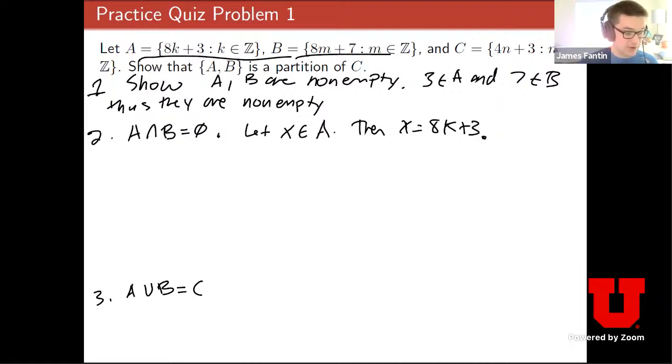So that approach would work perfectly well: x is equal to 8k plus 3, and that's a unique form, so it can't be equal to 8m plus 7. Thus, x is not an element of B, so they're disjoint. But that'll only work some of the time, depending on your set and whether or not you can apply the division theorem. What we could do, and David suggested it, is show this by contradiction.